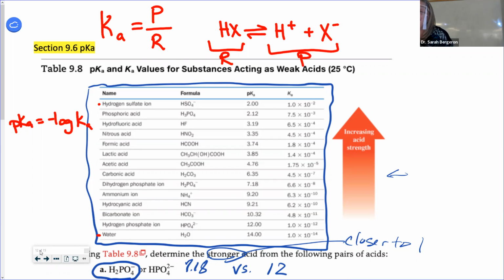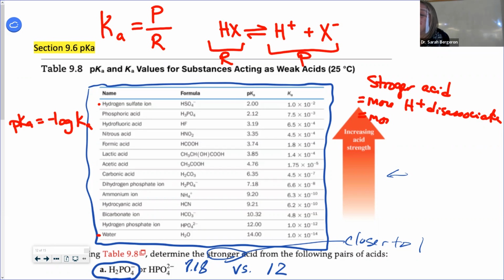If you have something that is a stronger acid, more hydrogen ions dissociate. Now remember that? So if they dissociate, are we making more reactants or more products?